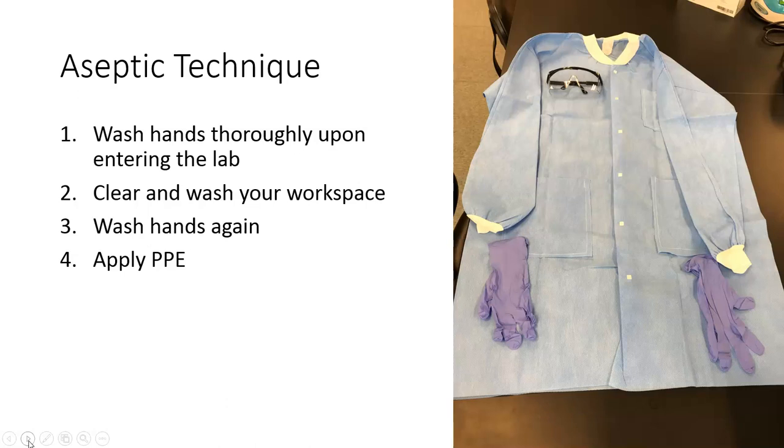After all of that washing, you'll apply the PPE, which provides a barrier between you and your experiments, so that microbes on your body and on your clothing don't contaminate your experiments, and so that microbes in your experiments don't splash up onto your body or clothes.